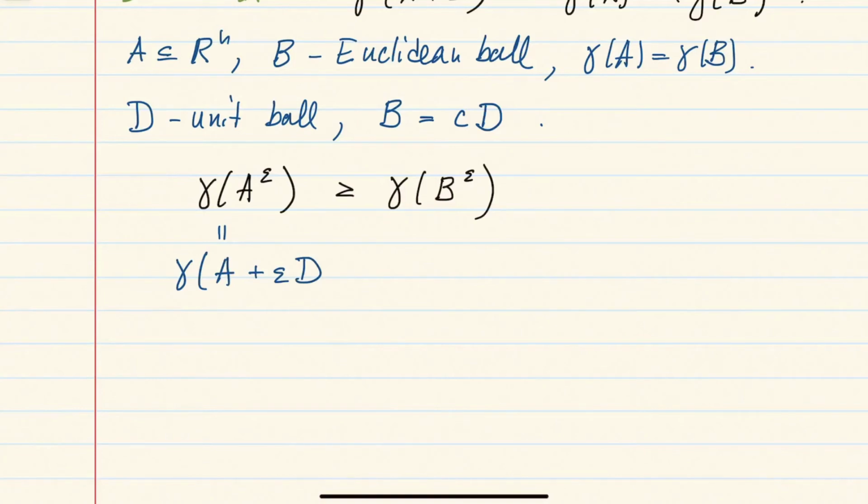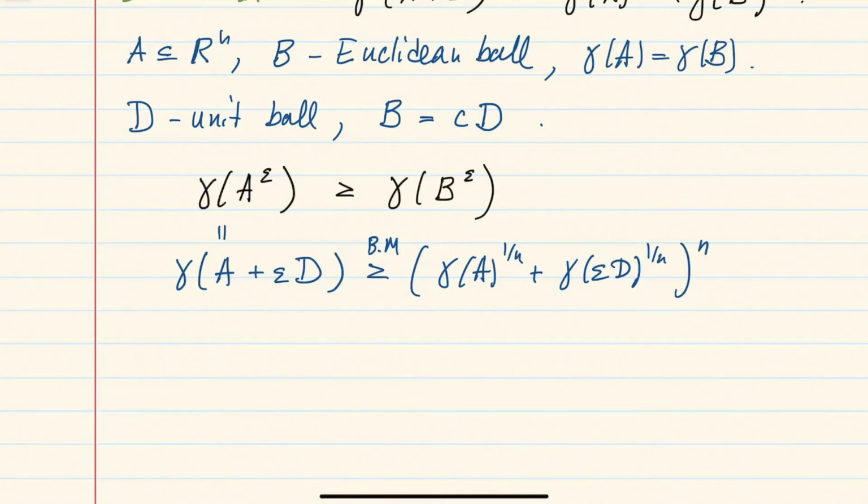You're basically adding a ball of radius epsilon to each point. So that's the sum of these two sets. And by the Brunn-Minkowski inequality above, you can write that this is bigger than the volume of A to the 1 over n plus the volume of epsilon D to the 1 over n, all to the power n.